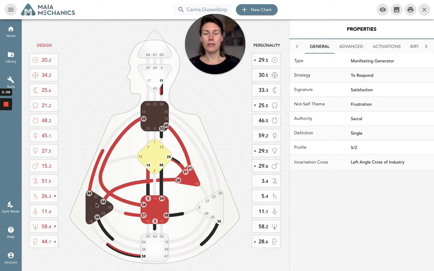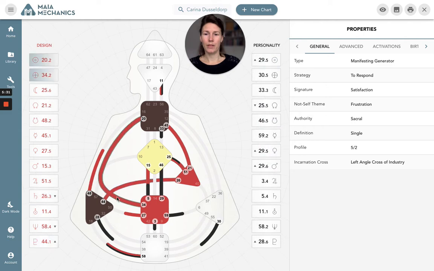And these centers are colored in my design because they are connected to another center via what we call channels. You see here these lines, this one, the red one.